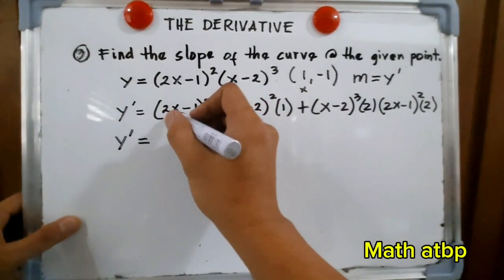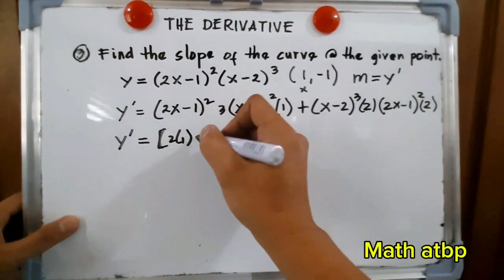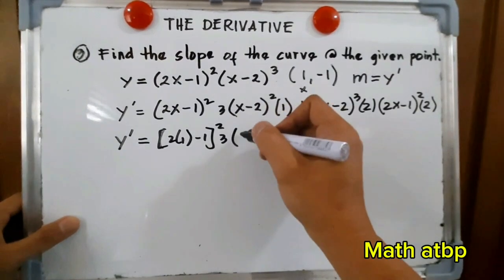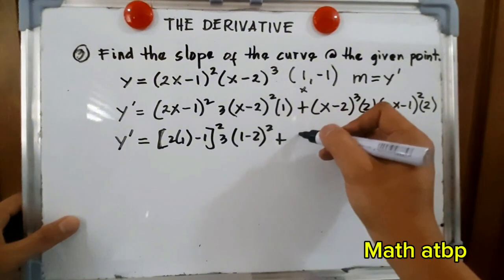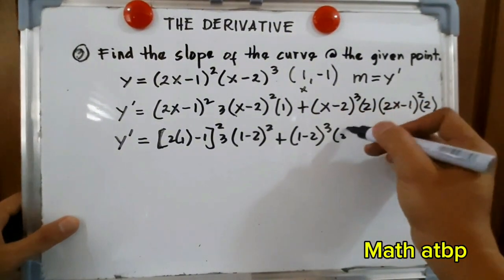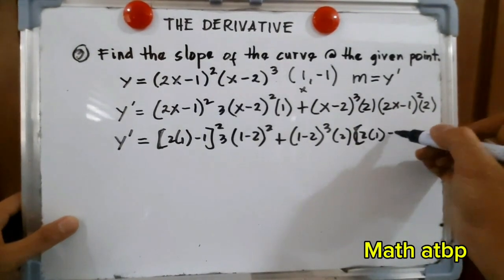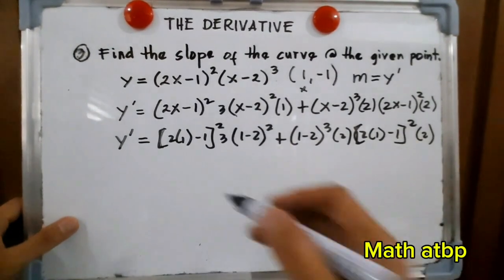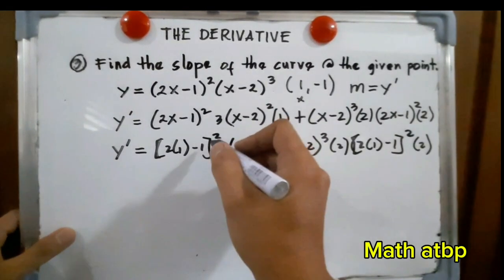So this will become 2 times 1 minus 1 squared times 3 times 1 minus 2 squared, plus 1 minus 2 cubed times 2 times 2 times 1 minus 1 squared times 2. 2 times 1 is 2 minus 1 is 1 squared, that is still 1.